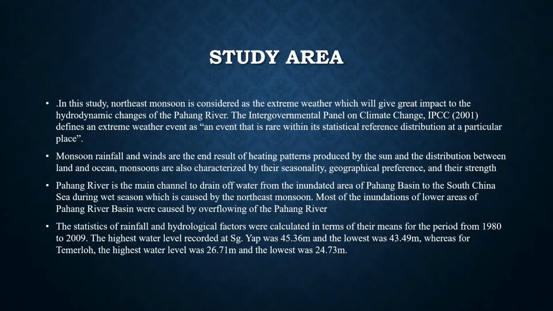In this study, northeast monsoon is considered as the extreme weather, which will give great impact to the hydrodynamic changes of the Pahang River. The Intergovernmental Panel on Climate Change (IPCC) 2001 defines an extreme weather event as an event that is rare within its statistical reference distribution at a particular place.